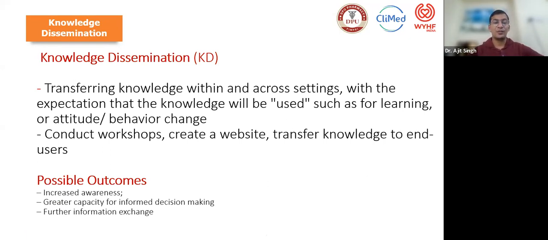Why is it important? Because it will increase awareness, and awareness will lead to confidence that people are taking this kind of research positively, and they will help us and come up to participate.